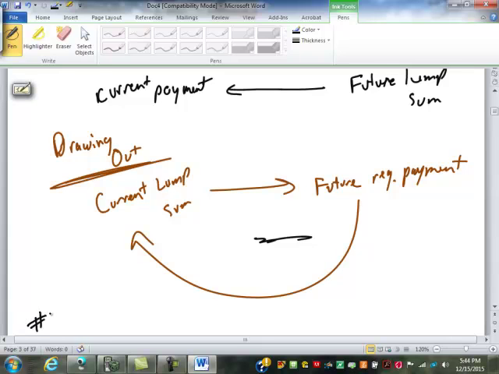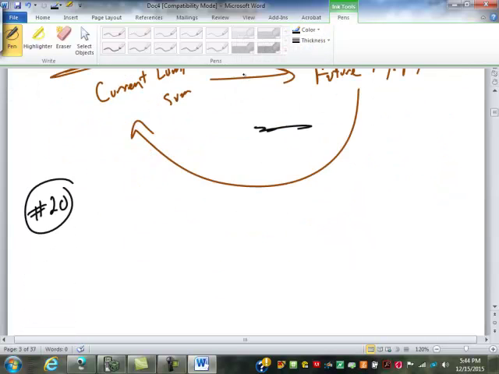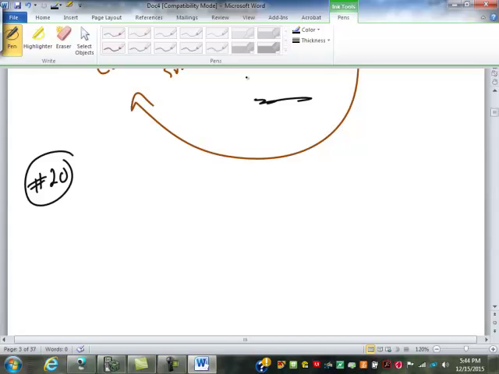So let's start out now with number 20 on the test. Francis wants to have $300,000 saved up in 20 years. Now that right there should tell us what type of problem this is. Does he have the $300,000 now? No, he wants to have it in 20 years. So he is looking at a future lump sum.